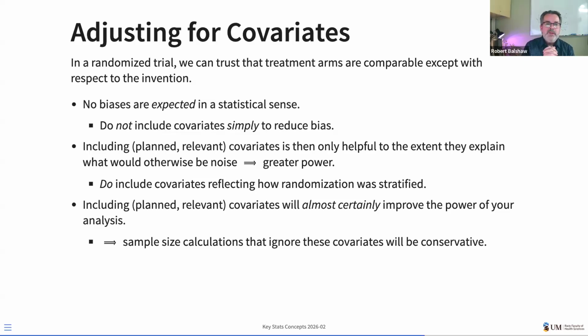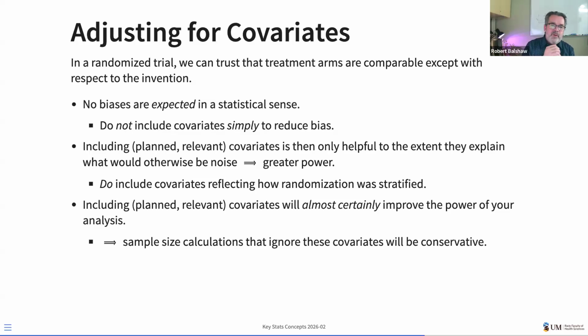We trust that what we've done is going to create a fair comparison of the two or more arms. However, there could be residual biases that can creep in, but that's not sufficient to justify including a covariate. If the covariate is being included simply to reduce possible bias, that's not a great argument to include it.